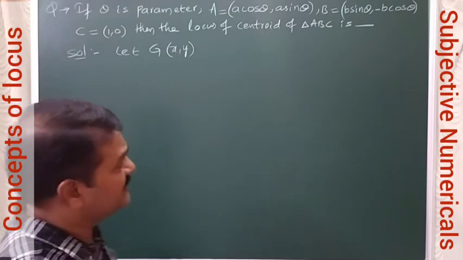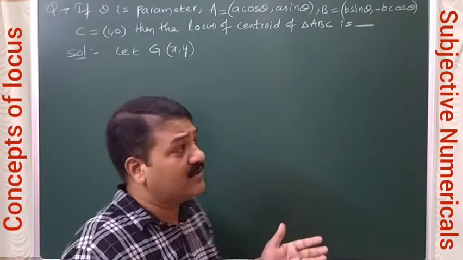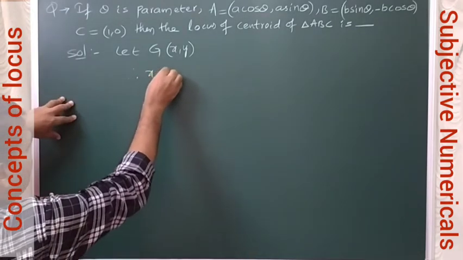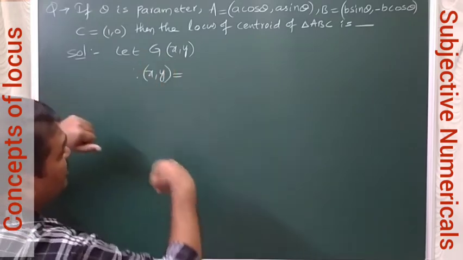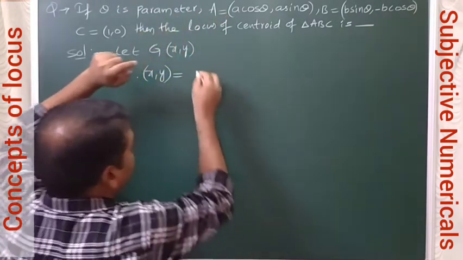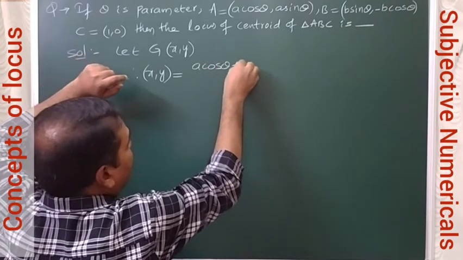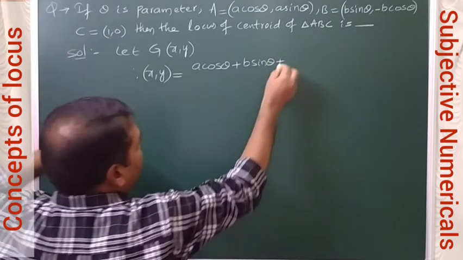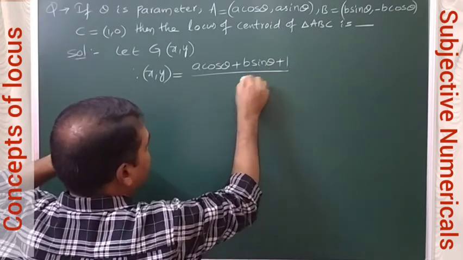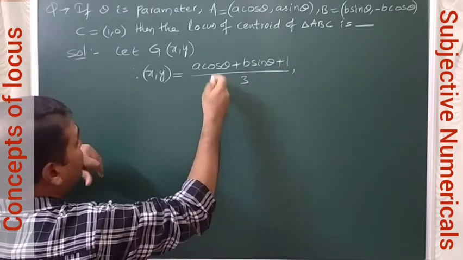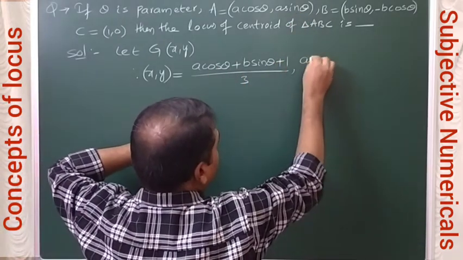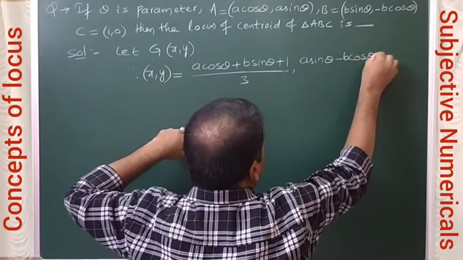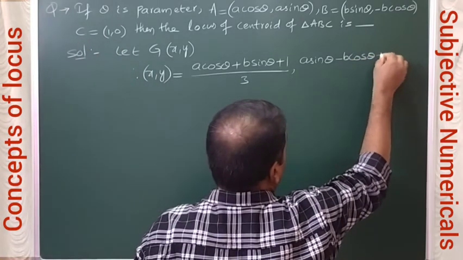We will take the centroid like this, and we will use the formula of the centroid because all the vertices are given. So (x, y) is equal to, what is the formula of the centroid? (x1 + x2 + x3)/3 is the x coordinate of the centroid, and the y coordinate is (y1 + y2 + y3)/3.